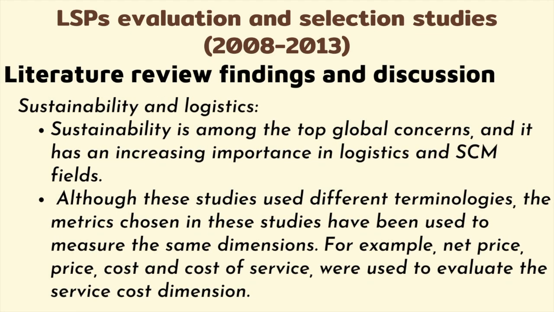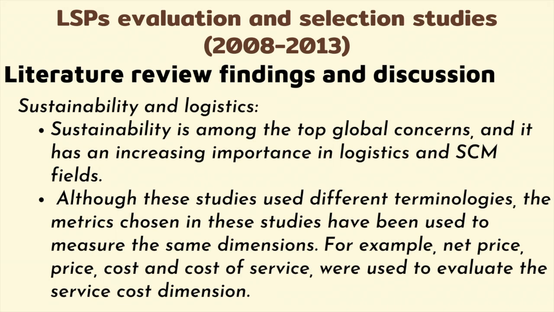So, sustainability and logistics. Sustainability is among the top global concerns, and it has increasing importance in logistics and supply chain management fields. Although these studies use different terminologies, the metrics chosen have been used to measure the same dimension.